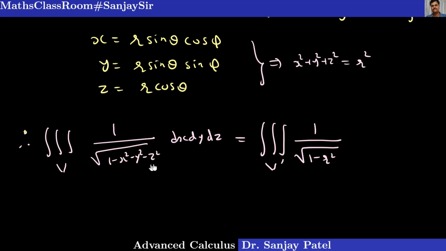The differential dx dy dz is replaced by r square sine theta, that is the Jacobian value, into dr d theta d phi.